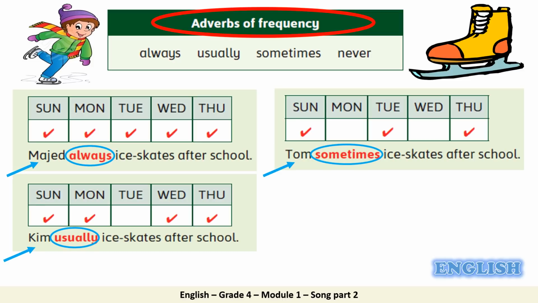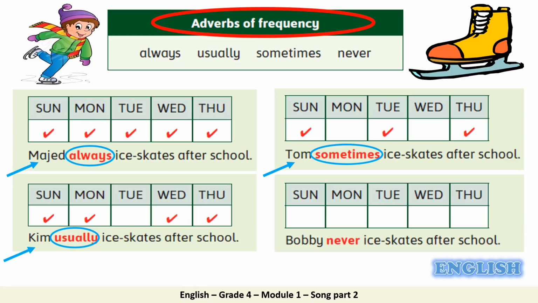We use sometimes in this case. And the last one here, Bobby never ice skates after school. Never is used to show that Bobby never does it at all. As you can see, no boxes are checked. So, bear in your mind, these are the key words of the present simple.